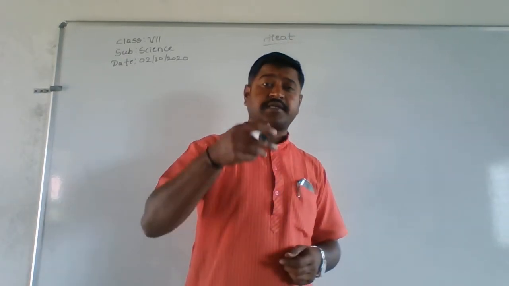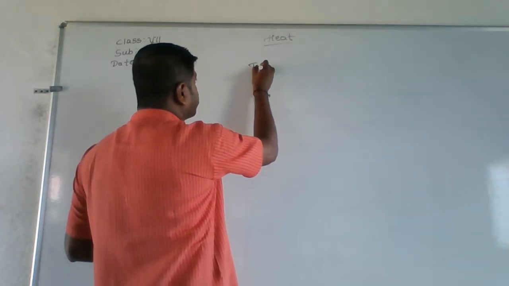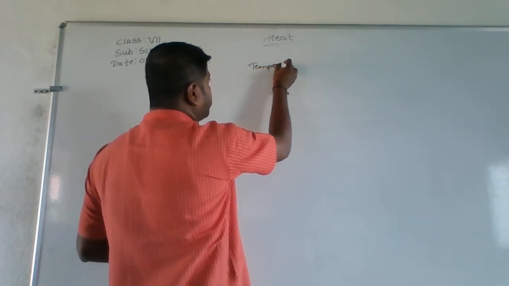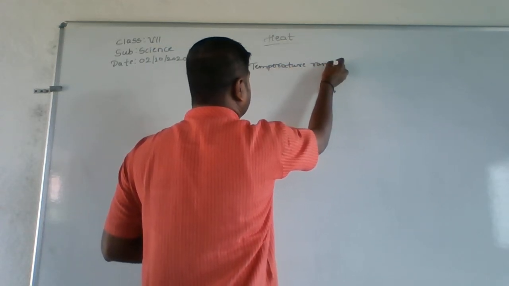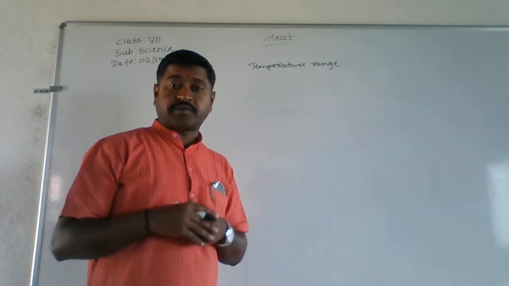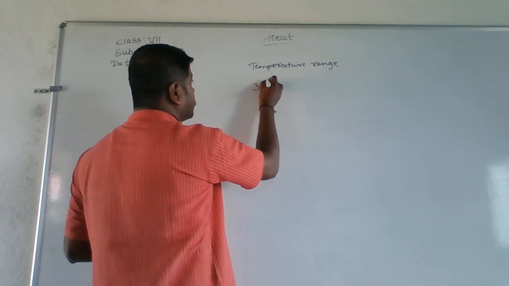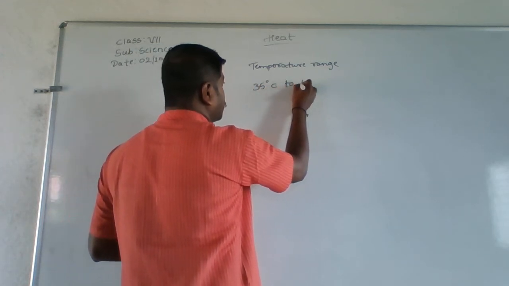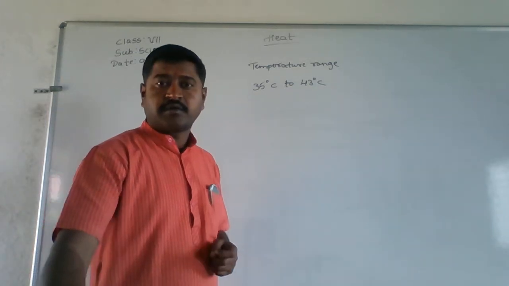And then the temperature range on this clinical thermometer. What is the temperature range on this clinical thermometer? It is from 35 degrees Celsius to 43 degrees Celsius.